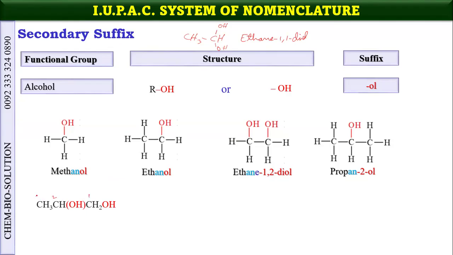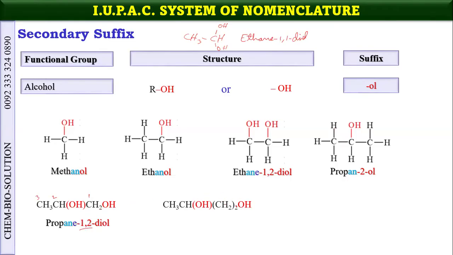This is in the condensed form. So 1, 2, 3. This is propane-1,2-diol. Here, writing the number is important. If you do not write the number, then you cannot understand the original compound, because it could be 1,2-diol and it could be 1,3-diol as well.